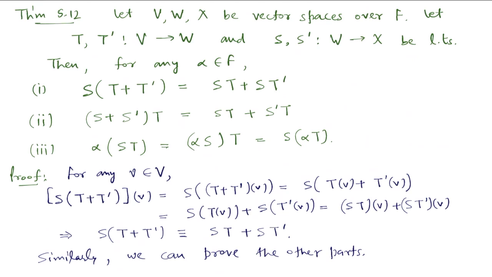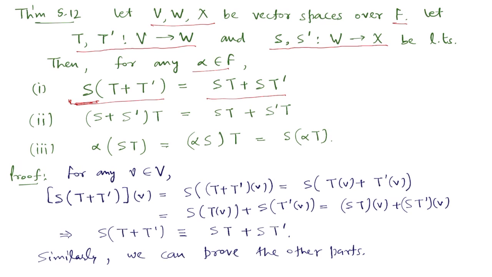We now prove this theorem. V, W, X are three vector spaces over the same field F. T and T dash are two linear transformations from V to W, and S and S dash are two transformations from W to X. Then for any scalar alpha, we shall prove that S into T plus T dash is ST plus ST dash.